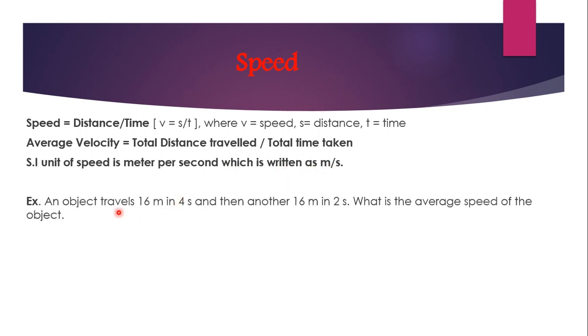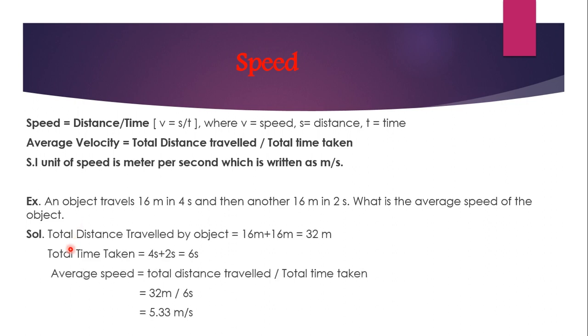So let's try to solve a question which will make us a little more clear about speed. An object travels 16 meter in 4 seconds and then another 16 meter in 2 seconds. What is the average speed of the object? The total distance traveled by the object is 16 meter plus 16 meter, which is 32 meter.